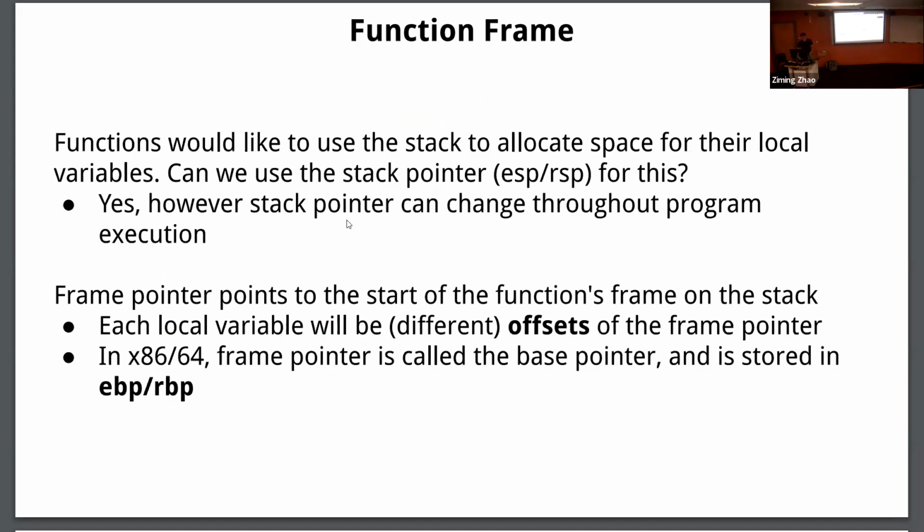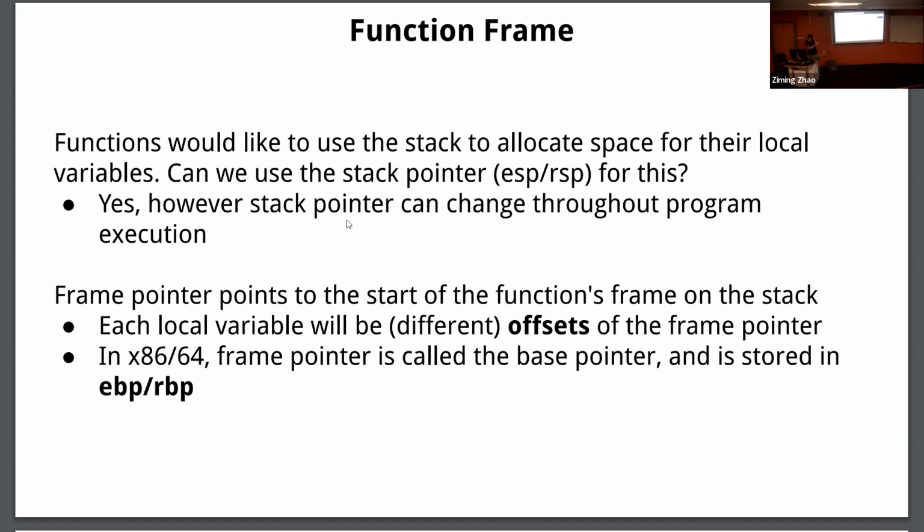So a concept here is the function frame. That is the data structure I was talking about, right? Functions would like to use the stack to allocate space for their local variables and also save other things, right? So we will use the stack pointer ESP for this.